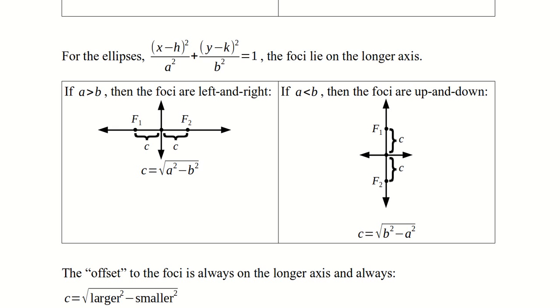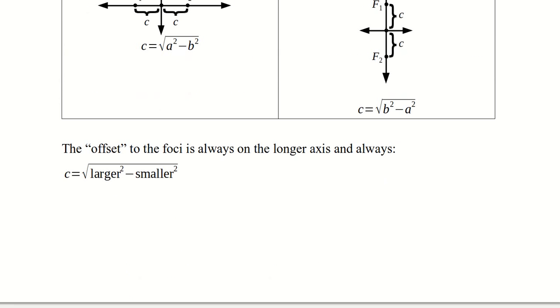So to find the foci, we use C in the, and I'm going to say it again, the foci lie on the longer axis. Here, the up and down axis given to us with B is the bigger one. So we go up C to find that first focus. We go down C units to find the second.